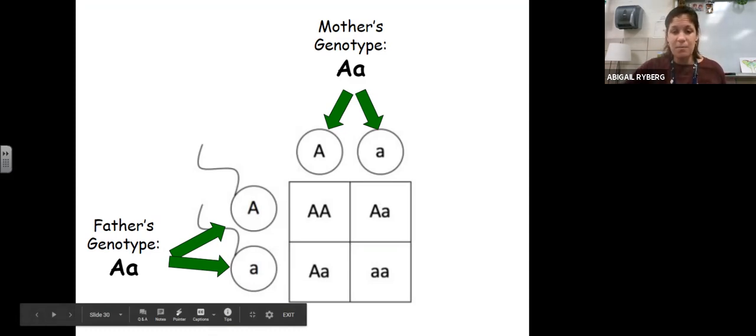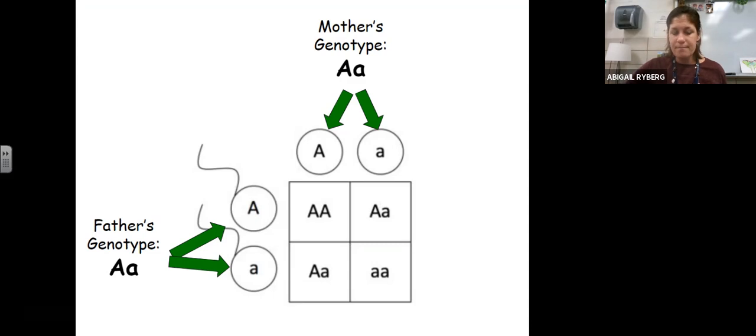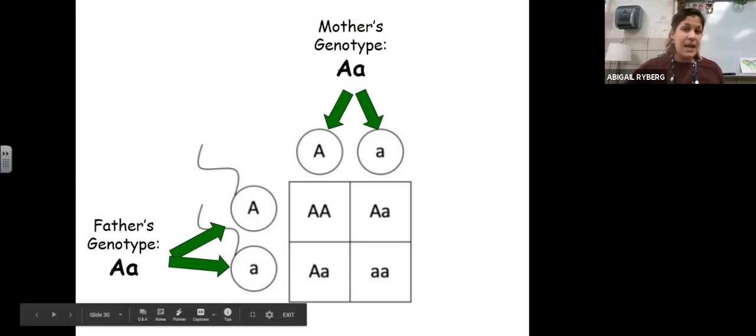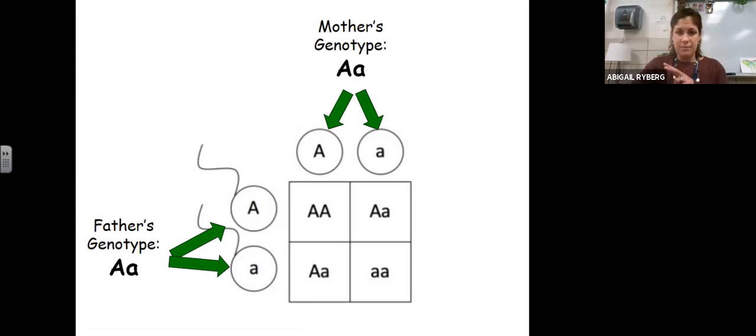So here's mom, big A, little a, and dad is on the side. It does not matter where you put mom or dad, as long as you keep their alleles together.